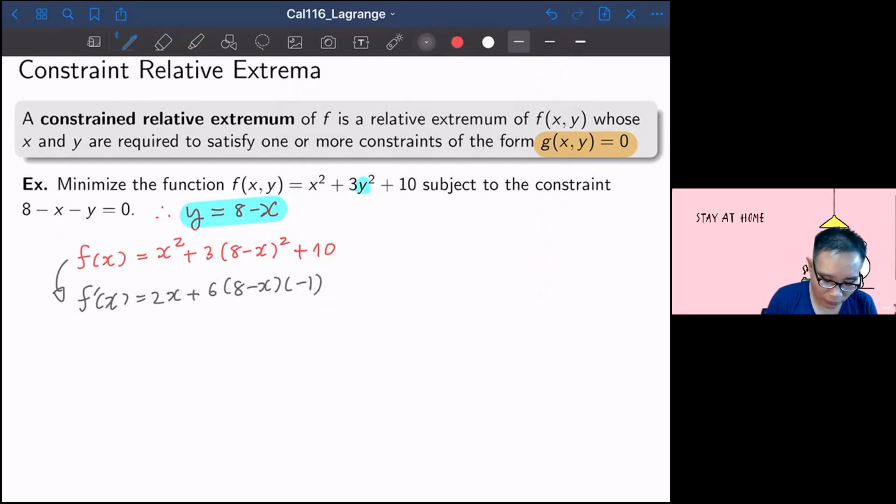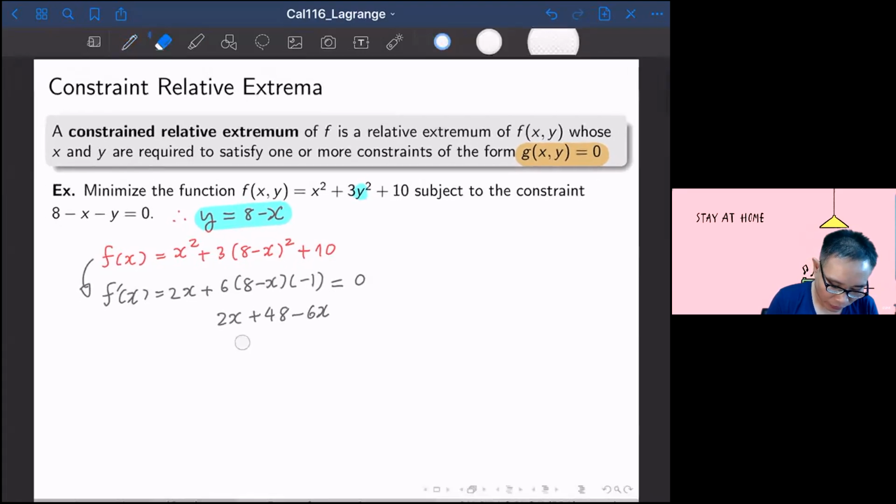For this one, you use the technique from Calculus 1. You find the critical number by letting the derivative equal 0. So you have 2x plus 48 minus 6x. Sorry, I made a mistake.